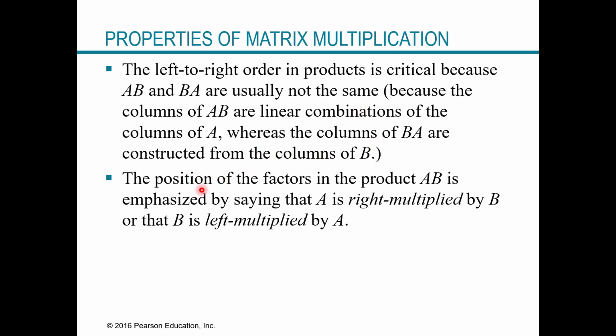And so the position of the factors in the product is usually emphasized to make it clear. So when we have A times B, we'll say something like A is right multiplied by B. And if we have B times A, we could say B is right multiplied by A, or in this case, if it's still just A times B, we could say B is left multiplied by A. So it's letting us know the order and how it matters.